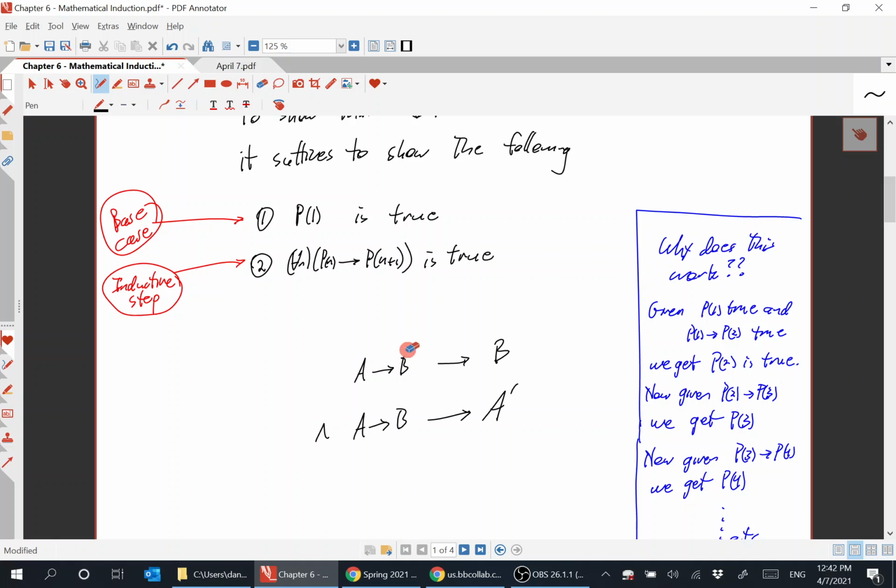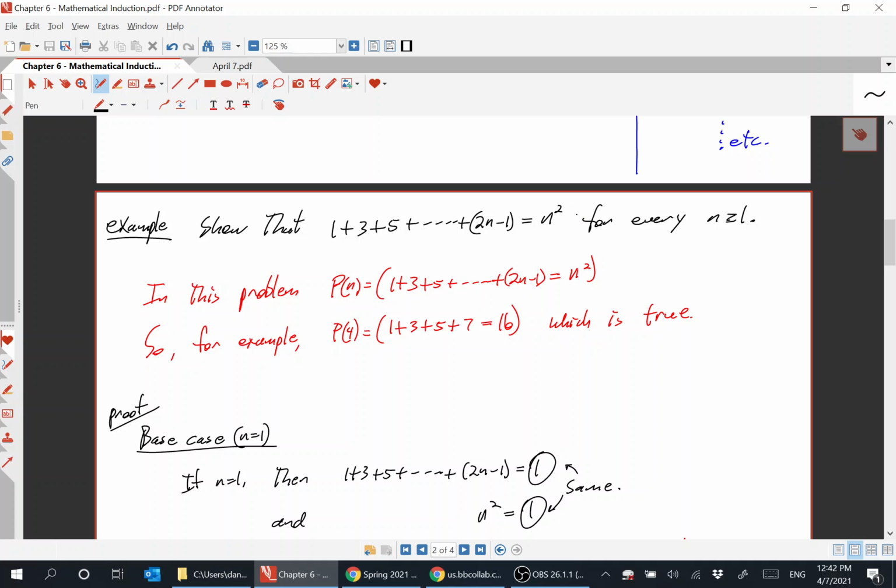And then we did this one from last time. The sum of the odd numbers, 1, 3, 5, 7, 9, all the way up to 2n minus 1. So the sum of the first n consecutive odd numbers adds up to n squared for every n bigger than or equal to 1. In this problem, the predicate P of n is this statement of equality.